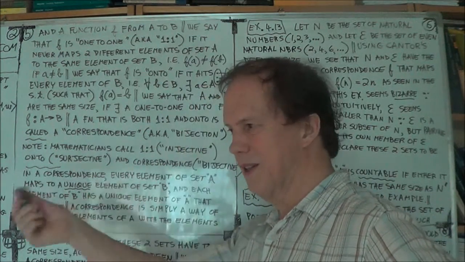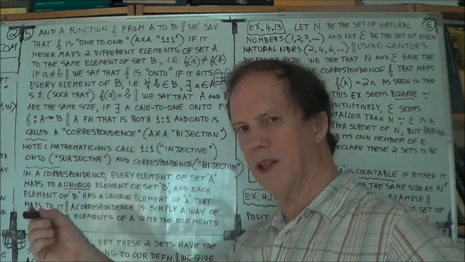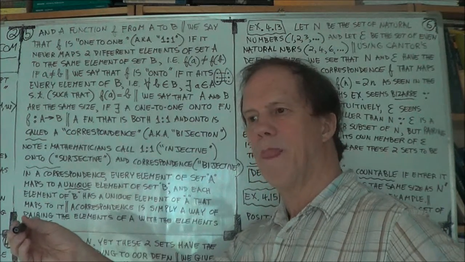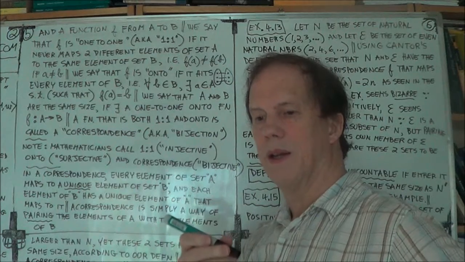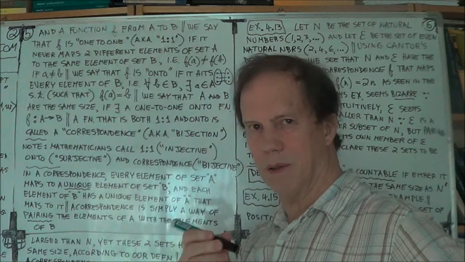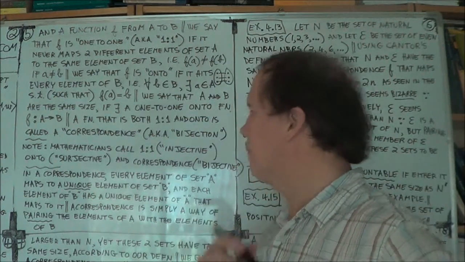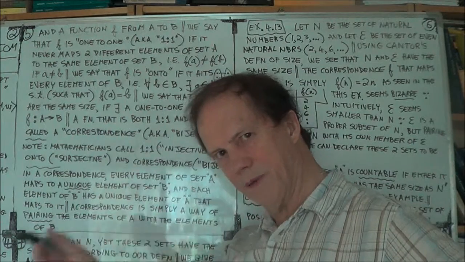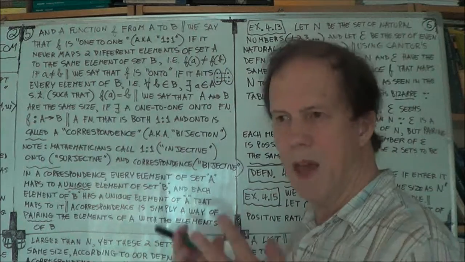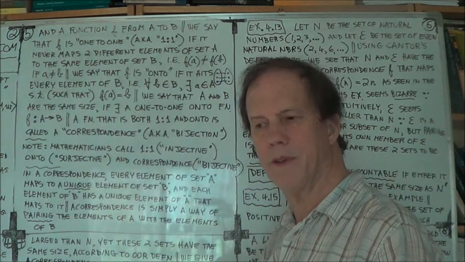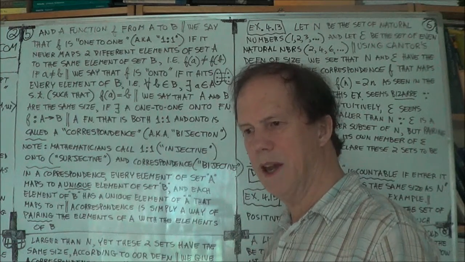If it's a correspondence, you can go back and forth between set A and B. If you start with little element a of your set big A, that will map uniquely, just to one element in your big set B. There'll be element little b, let's say, in set big B. So you can go back and forth. There's no ambiguity. They're paired off. The elements of set A and the elements of set B have paired off.